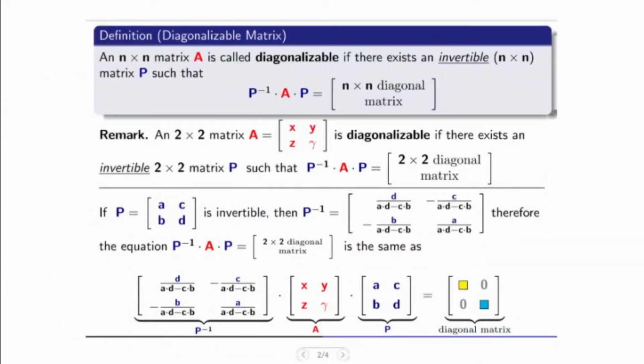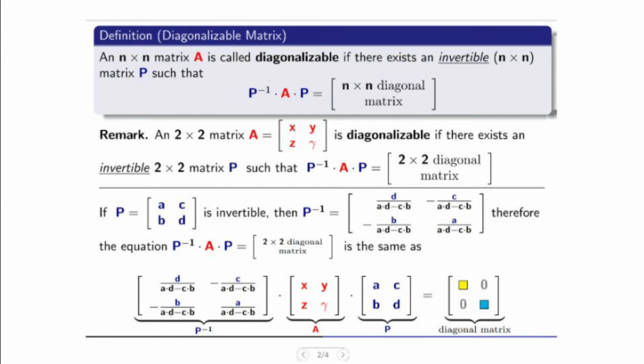Now here we have the definition for diagonalizable matrix. So when is a matrix diagonalizable? So here you have an n by n matrix A is called diagonalizable if there exists an invertible n by n matrix P such that this condition applies. So a matrix A is diagonalizable if there is another matrix P that has an inverse.